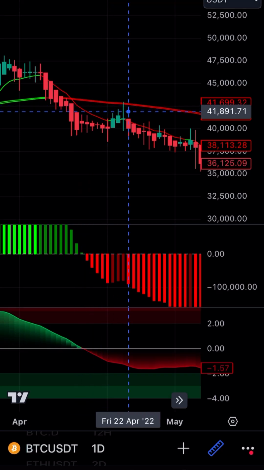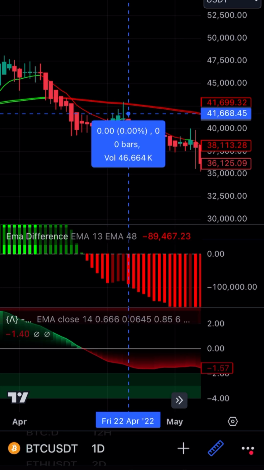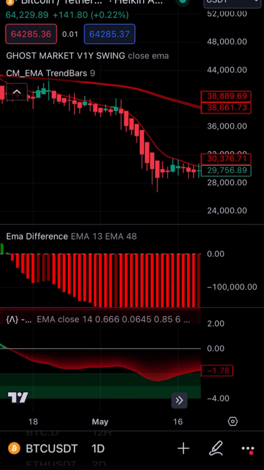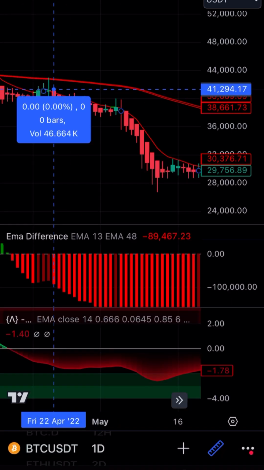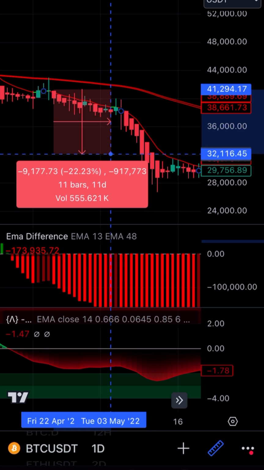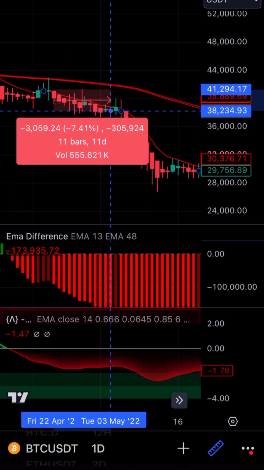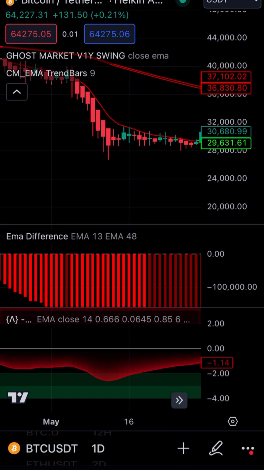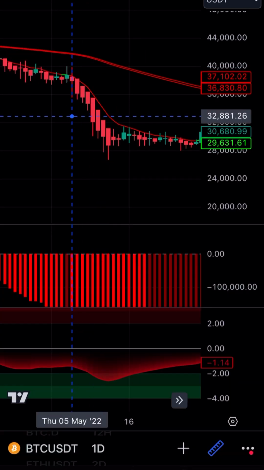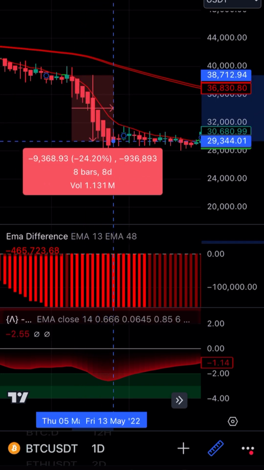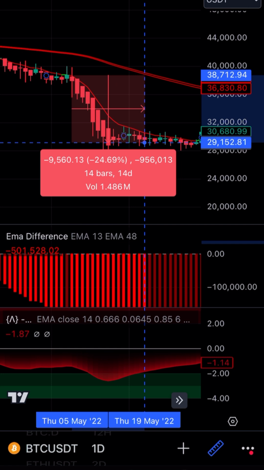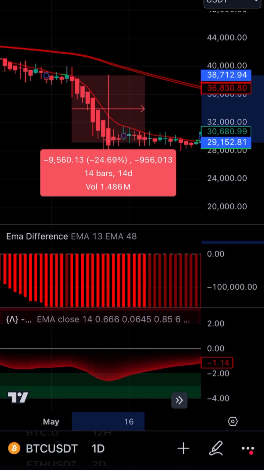Here to here, not much, but then we got here to here, which is right here. That's not a big one. It's $2,000. But then we got here to here. Actually, it stops right here. So this is about $9,000 in 14 days if you did it at a 0.01.